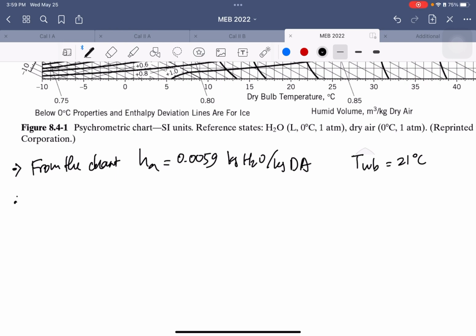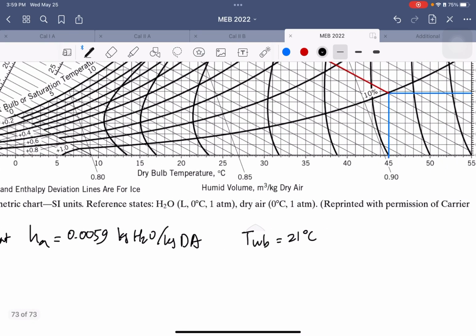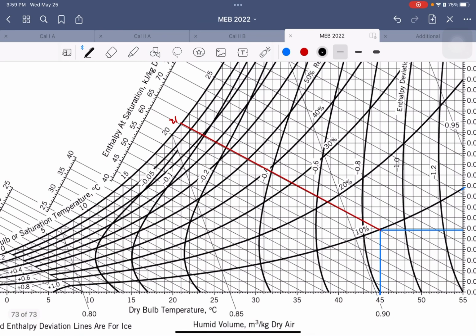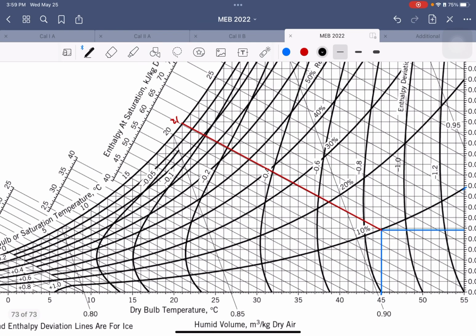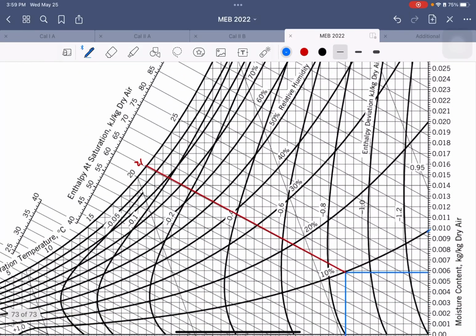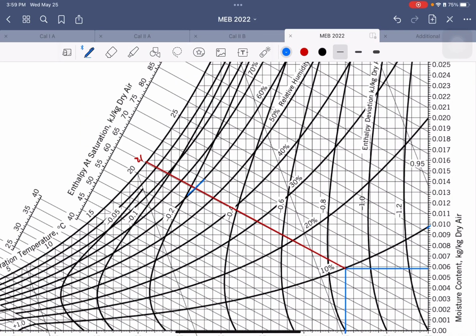And the second one that we have is, because we have 21 wet bulb, and we would like to have 60% relative humidity. So 60% is here.